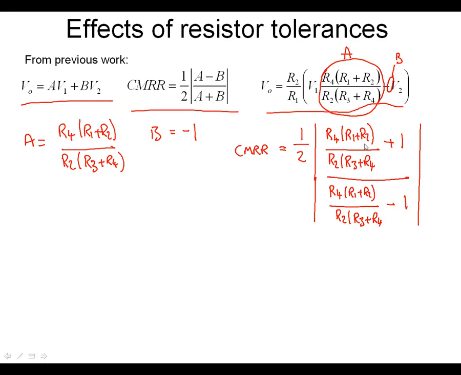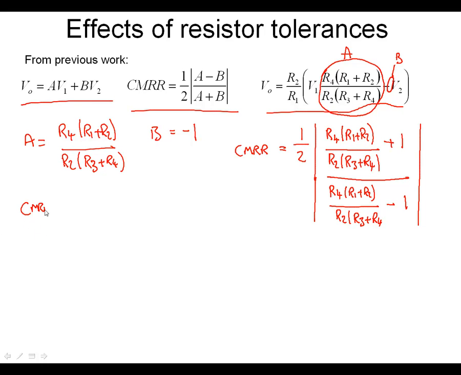If we now multiply in the numerator term here, if we multiply by R2, R3, R4, this bracket here, it'll go over to this side, and if we multiply in the denominator by this one, it'll go over here. We can then do some expansion later.